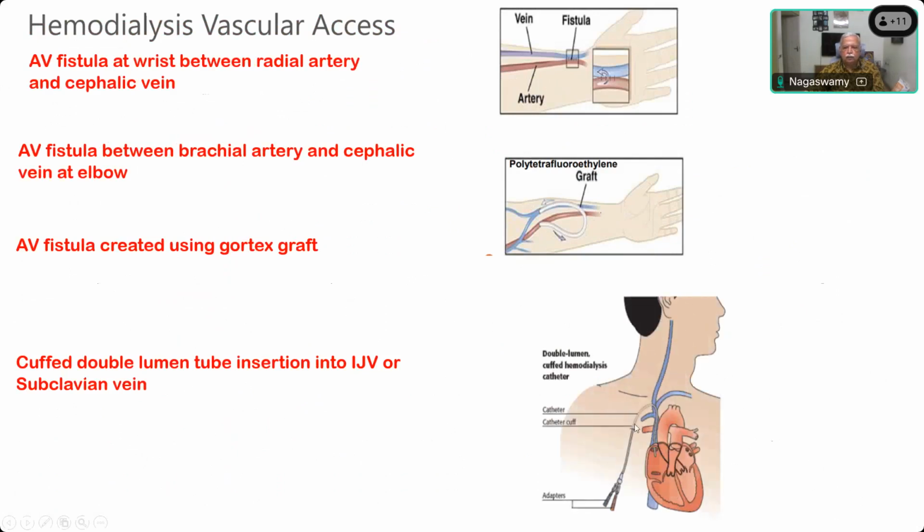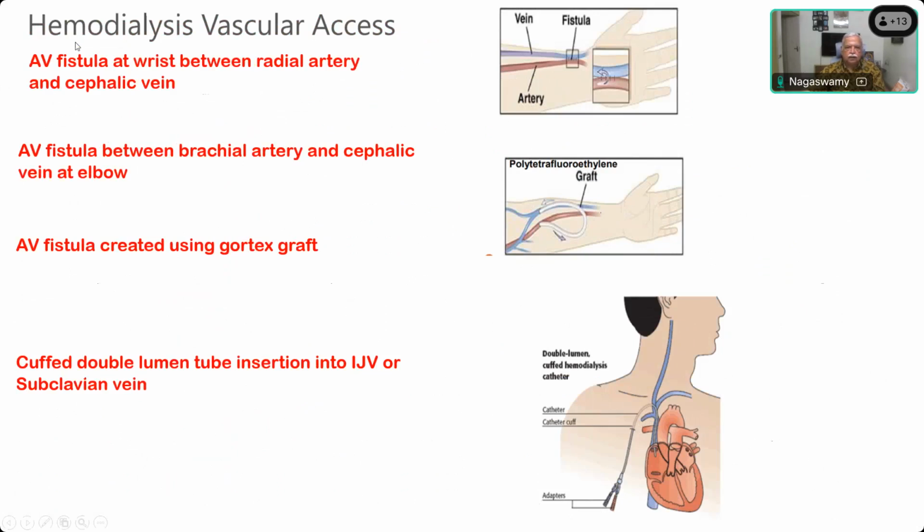So normally many of you would have seen in the ICU patients being inserted with this cuffed catheter, which has two lumens and has color markings to show which will be the arterial end and which will be the venous end, so that you draw the blood from the arterial side into the machine, filter it and pump it back into the venous line, so the whole blood goes into the patient.